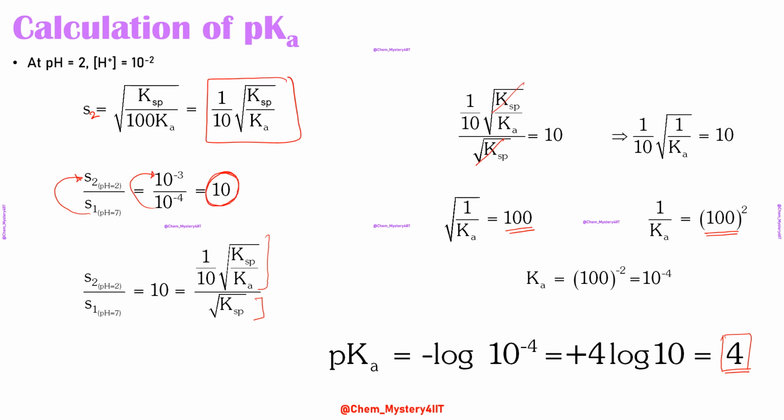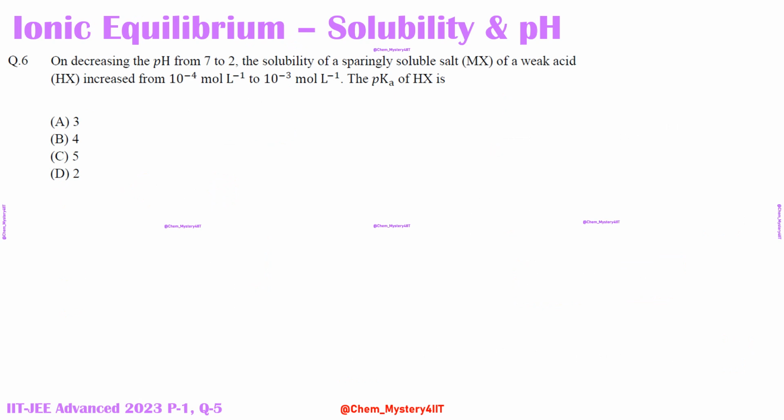We are substituting this S2 by S1 in terms of Ksp and Ka, and we are going to evaluate it. So we found that the value of Ka was 10 raised to power minus 4. That tells us the pKa is going to be 4. Coming back to the original question, on decreasing the pH from 7 to 2, solubility of sparingly soluble salt MX of a weak acid HX increased from 10 raised to power minus 4 to 10 raised to power minus 3.